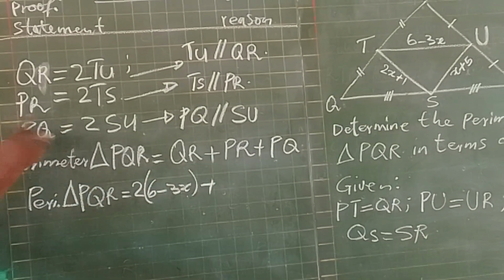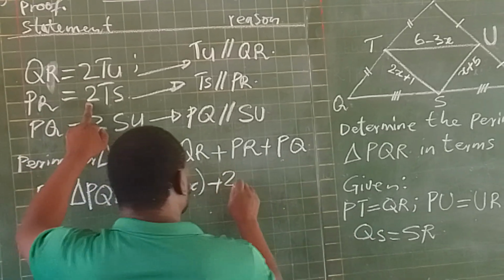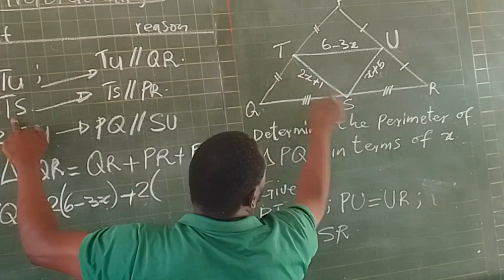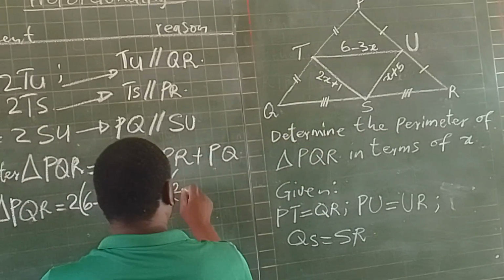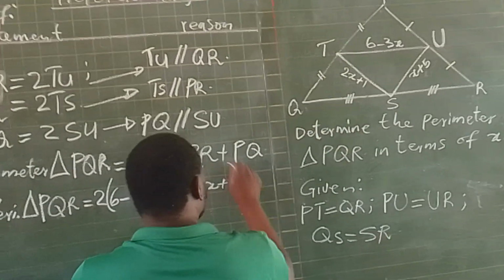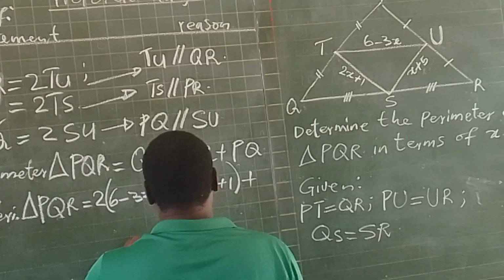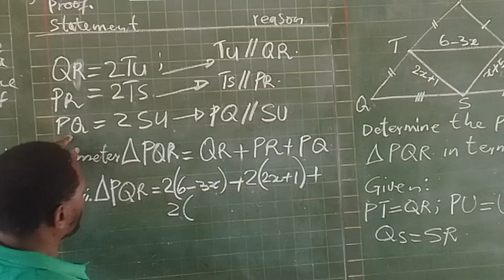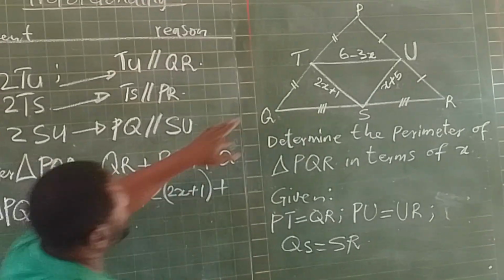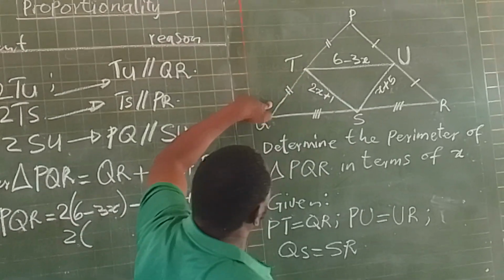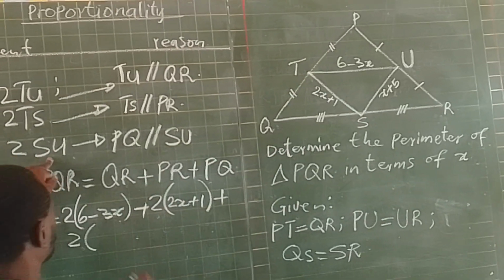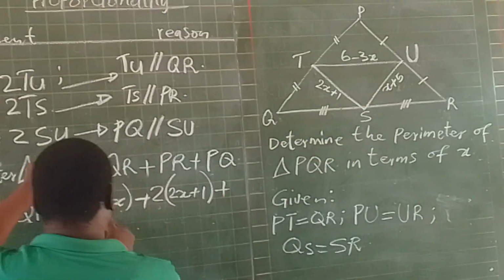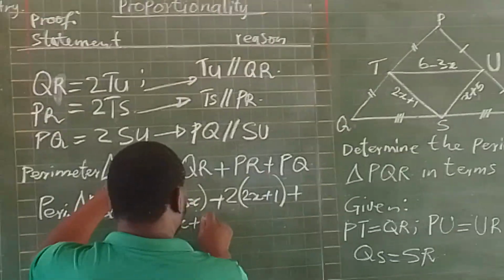Plus PR. Here is my PR, 2 times TS. Where is your TS? TS is 2x plus 1, plus 2 times PQ. Where is your PQ? PQ is here, 2 times SU. SU is x plus 5.